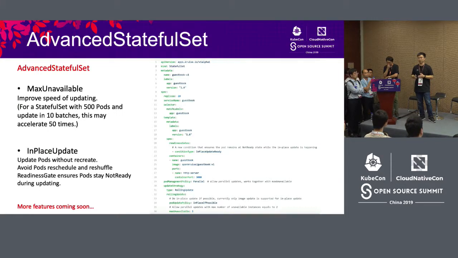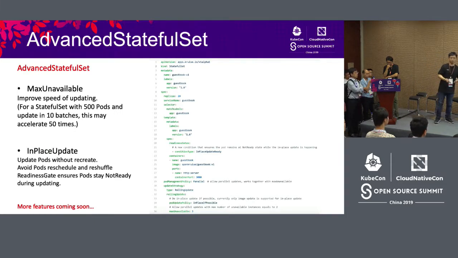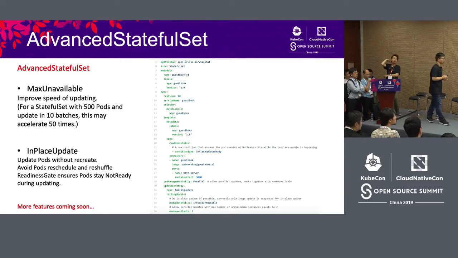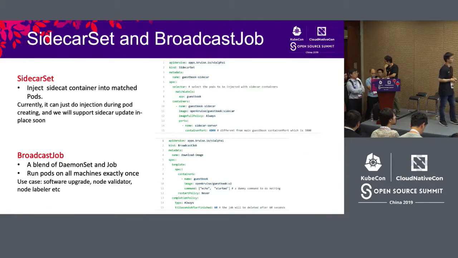If we have 500 pods, even though you used a partition to set it into 10 batches, the 50 pods in each batch will still be released one by one. However, max available is able to release these pods together in parallel. For example, in each of the 10 batches, the 50 pods will be released in a parallel way, so it will be 50 times accelerated during this updating process.